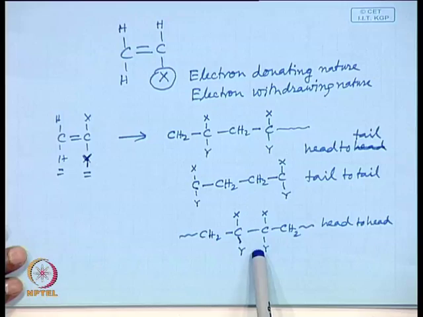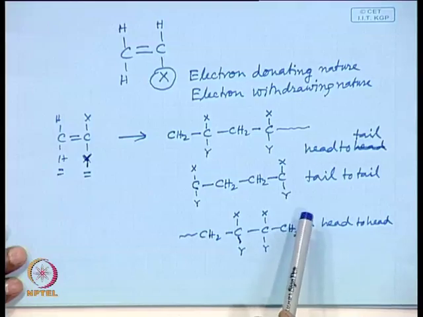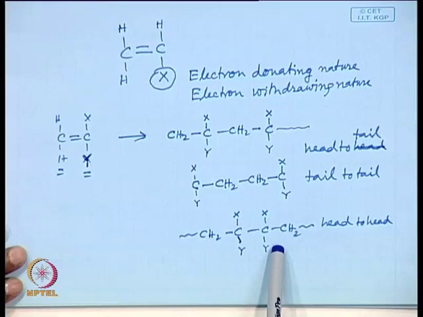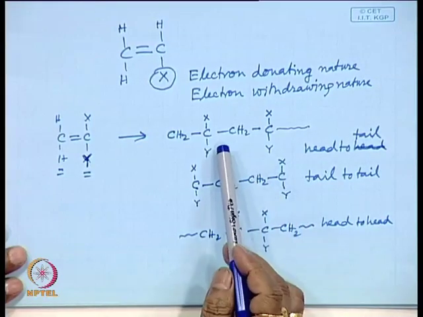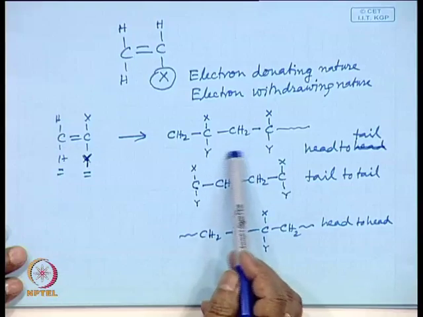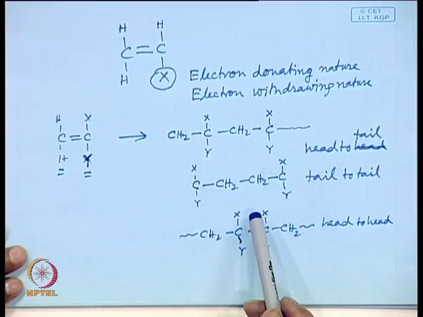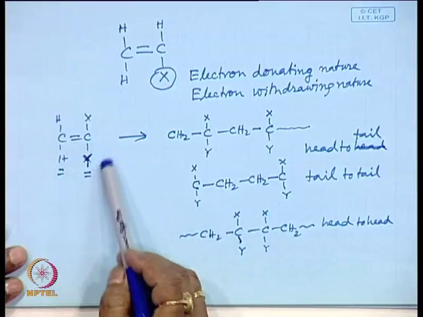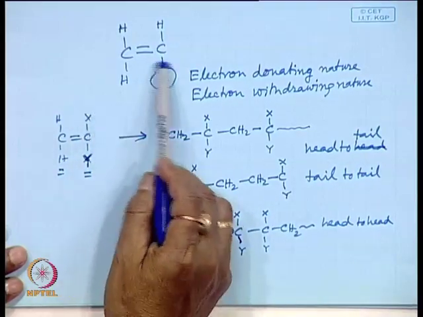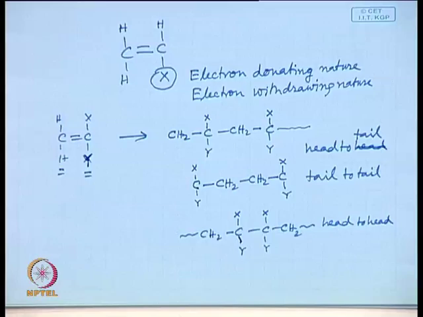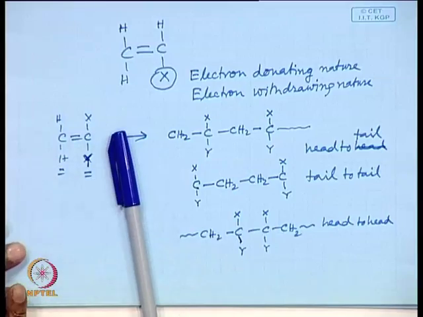Bigger substituents will hinder this kind of addition, whereas that will augment head to tail addition. So, that depends on the size of the substituents present in the monomer structure.